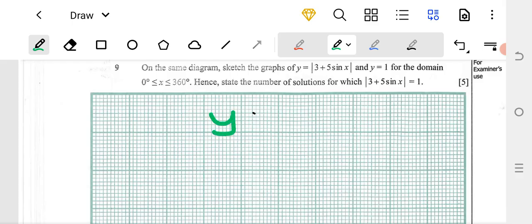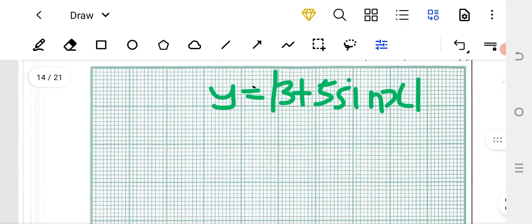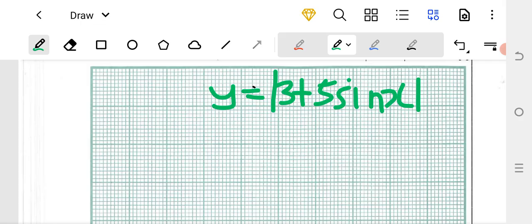So you have y is equal to the modulus of 3 plus 5 sine x. What am I going to do? What you do is this. You are going to first of all find the minimum point. So you say the minimum point is equal to, you get this number here, the number 3, with the sign that it has.